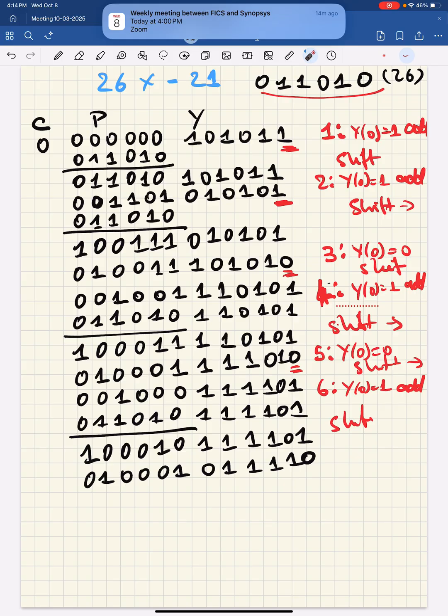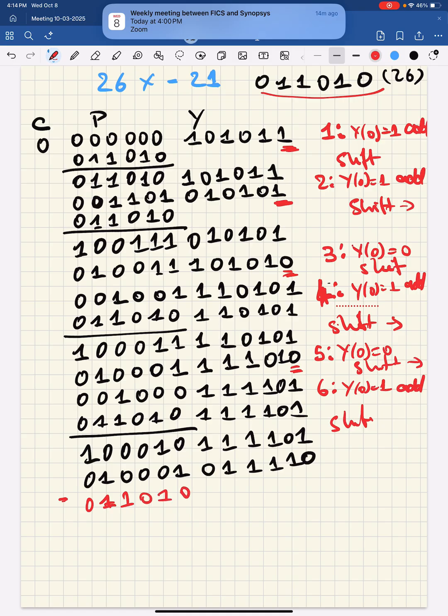So what we do, we take this value here, and then we subtract. So we have to do minus, we have to remove the 0, 1, 1, 0, 1, 0 from this partial sum.